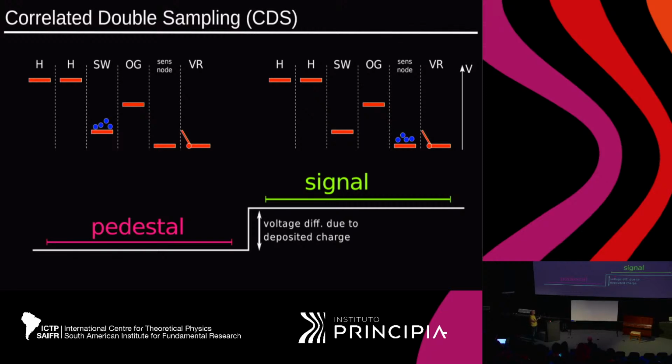This is called the correlated double sampling technique. The reason is that we are trying to measure the baseline between two different configurations that are very close in time. So when we subtract, we can get rid of any fluctuations that change slowly in time or environmental effects.